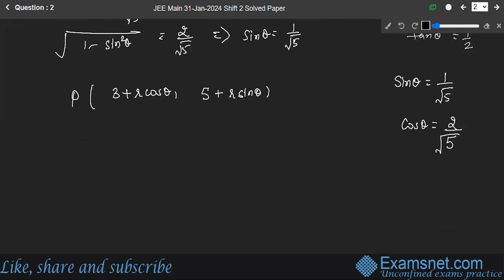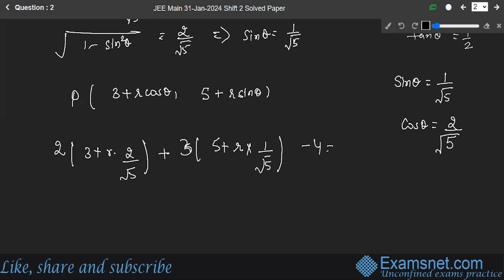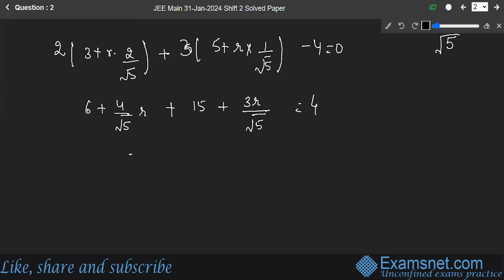So this will be given by 2 into 3 plus r cos theta, which was 2 upon root 5, plus 3 into 5 plus r sine theta, minus 4 is equal to 0. 6 plus 4 upon root 5 r plus 15 plus 3 r upon root 5 is equal to 4, or you will have 7 r upon root of 5 is equal to minus 17.